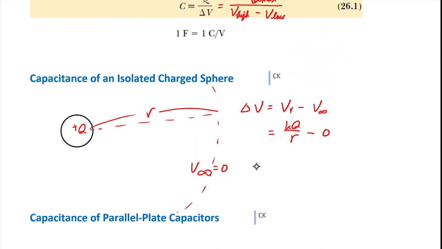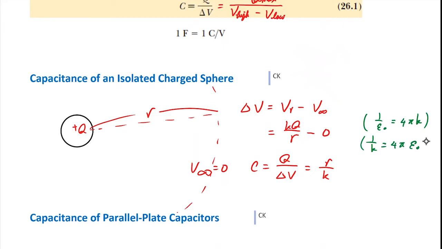Once we have that, we can calculate the capacitance, which is the total charge divided by delta V. You get it? So Q divided by this. So we just have R over K. Good. Remember what this was from Gauss's law, which was 4 pi K? Which really means that 1 over K is equal to 4 pi.